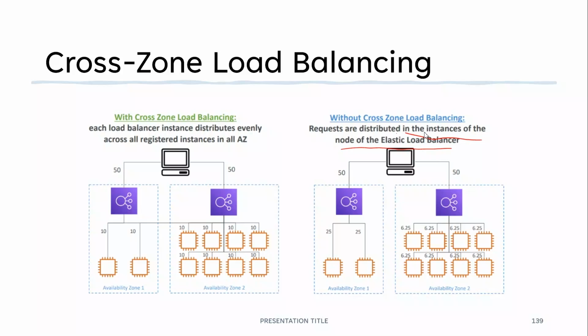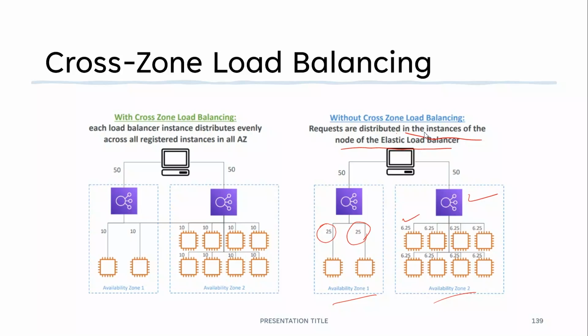We have two availability zones, availability zone 1 and availability zone 2, and here the requests are divided like this. 50% comes in, 25% is sent to one EC2 instance, and another 25% is sent to this other EC2 instance. Now with this load balancer, 8 EC2 instances are associated in the other availability zone, so each of those receives 6.25% of the requests.